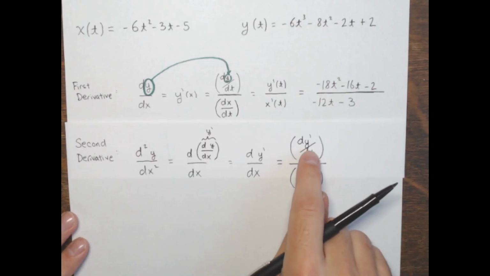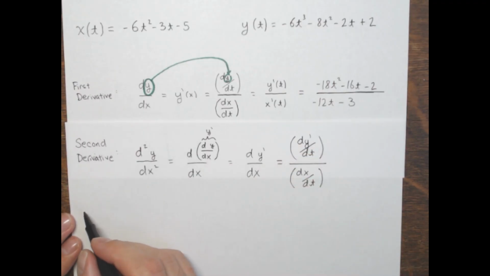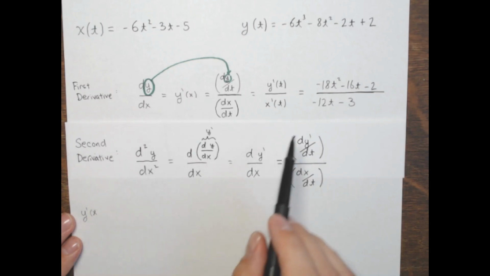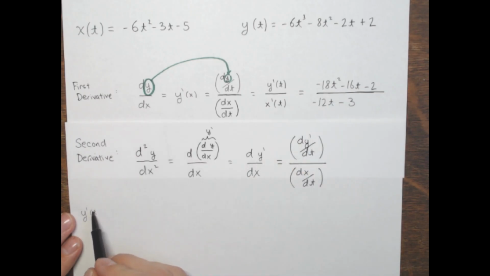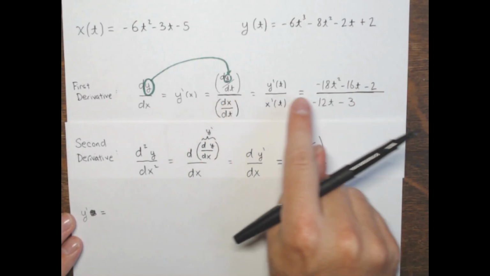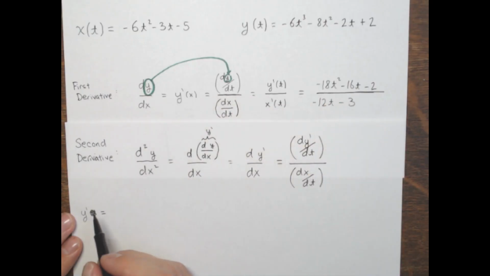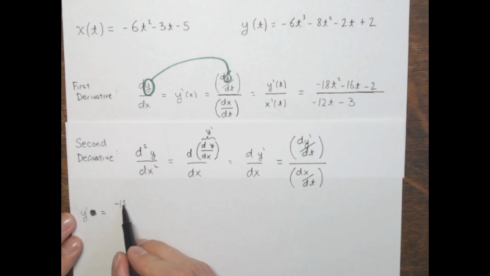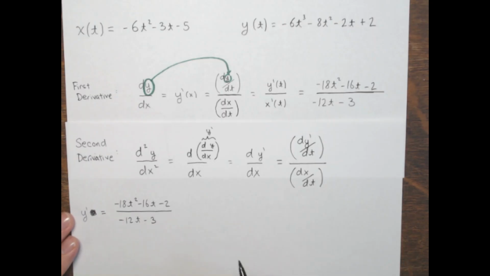All right, so now y prime though. Remember y prime, let's say in terms of t, that we got earlier, right? This was y prime, this line up here, the first derivative. Was this, again, negative 18t squared minus 16t minus 2 divided by negative 12t minus 3.